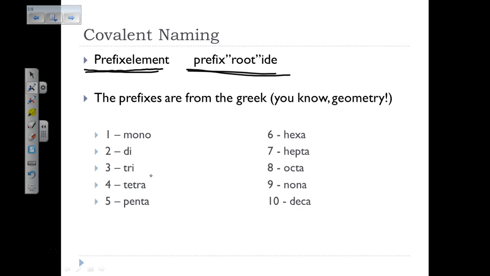One being mono, two di, three tri, tetra. These four are a little different than we may be used to, with the exception of tri, but the other six, from 5 to 10, are the geometric prefixes. Write those down, have those ready.